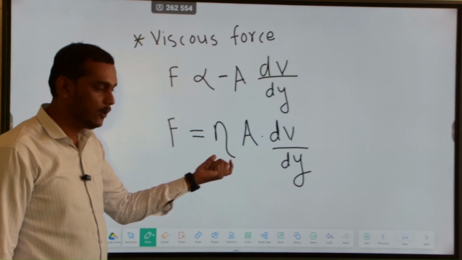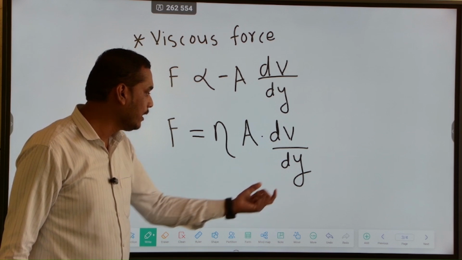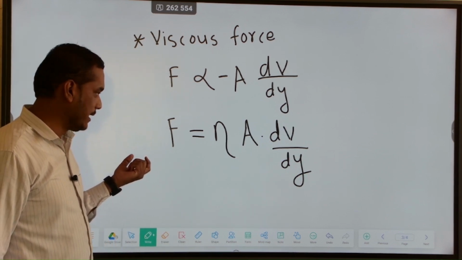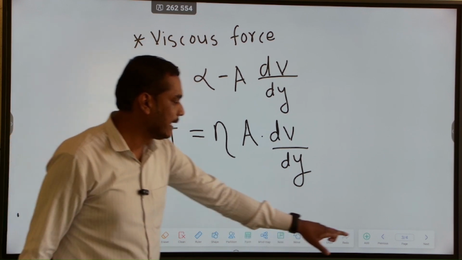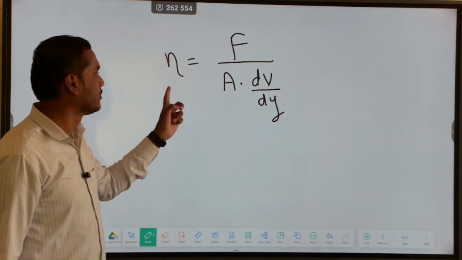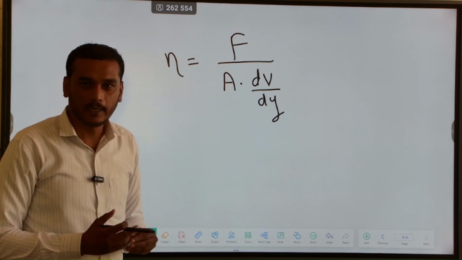Here we want the value of eta, so I will divide A and dv by dy to the left hand side. That is F divided by A into dv by dy is nothing but eta. So eta is coefficient of viscosity and is given as F divided by A into dv by dy.